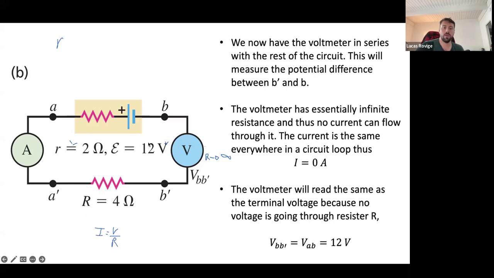And since there's no current flowing through the resistor, we have the same voltage at A here, and here we have the reference voltage 0. And so we just measure 12 volts here, which is just the potential difference associated with the battery because there is no current flowing.